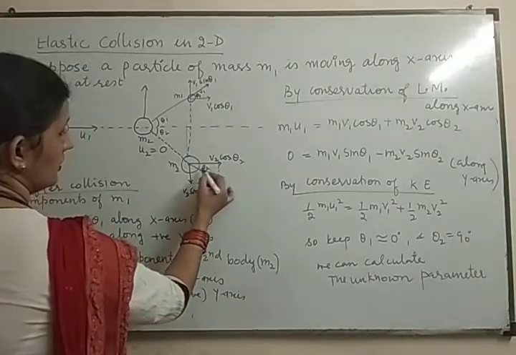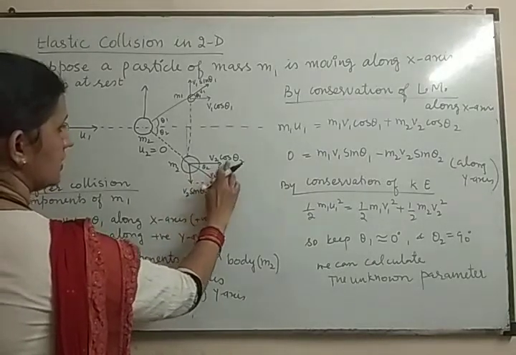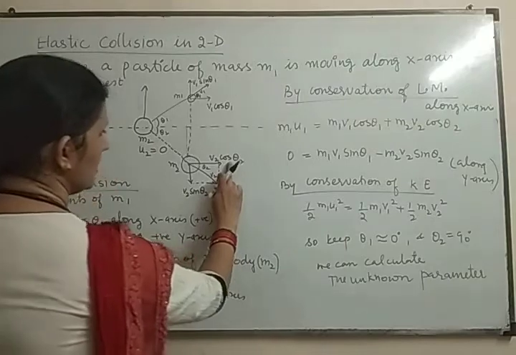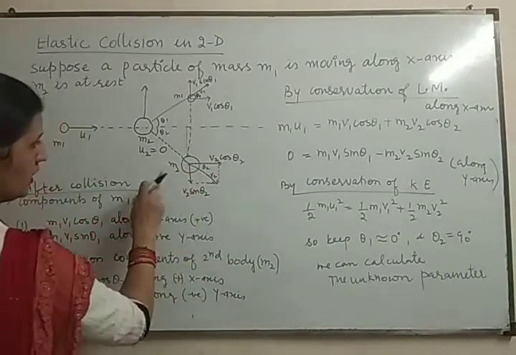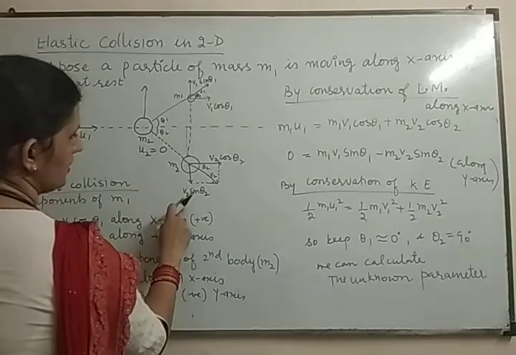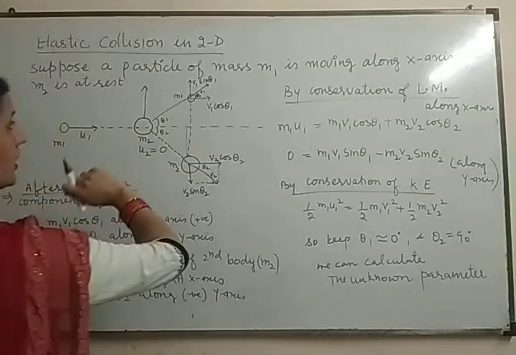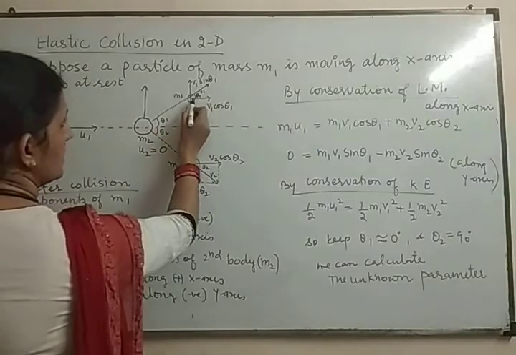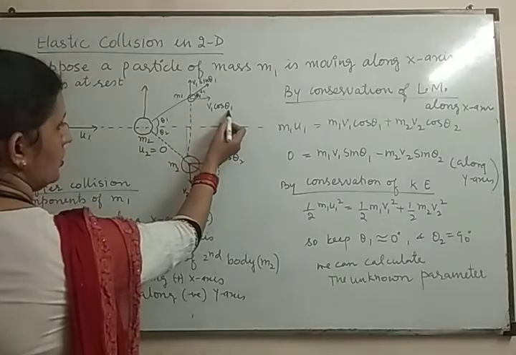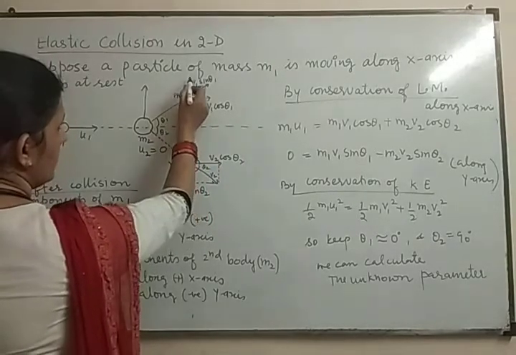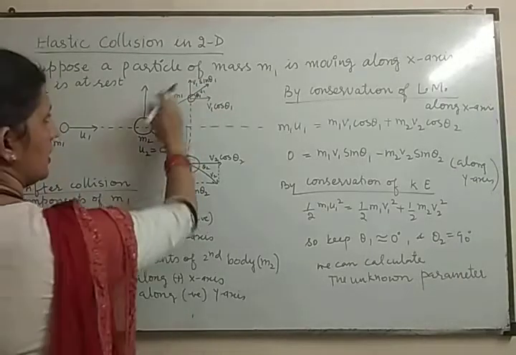By resolving the components, the horizontal component of the second body is v2 cos theta 2 and the vertical component is v2 sin theta 2. For the first body, the horizontal component is v1 cos theta 1 and the vertical component is v1 sin theta 1.